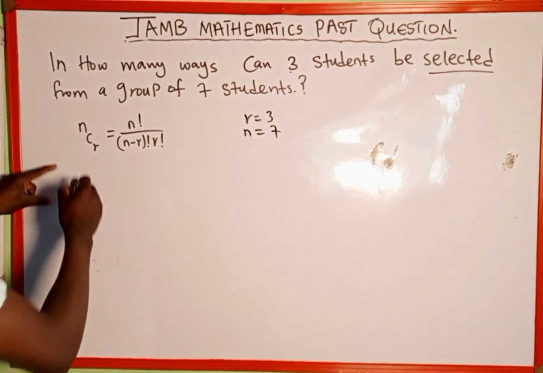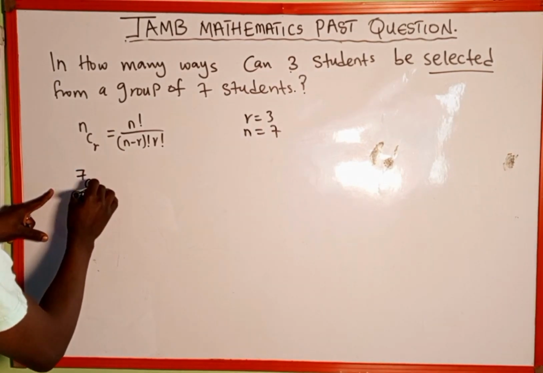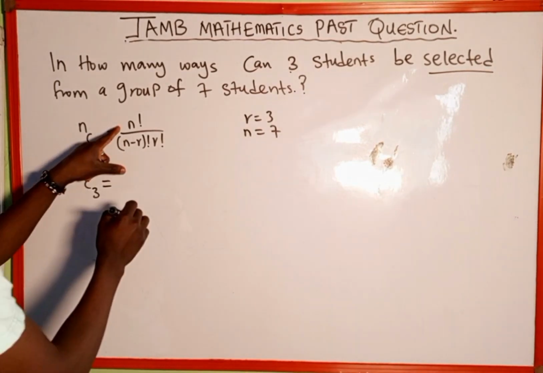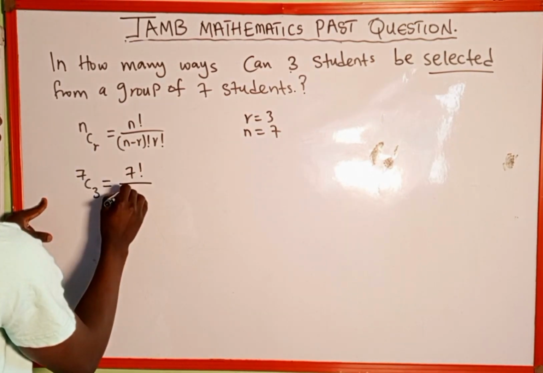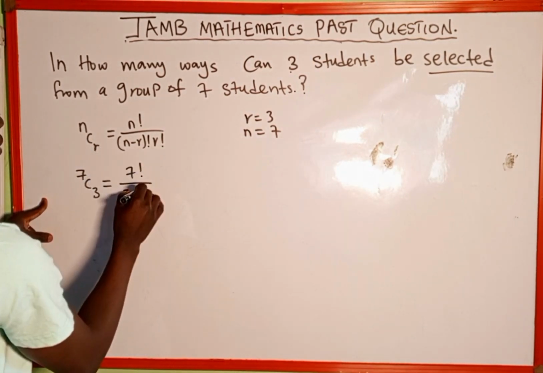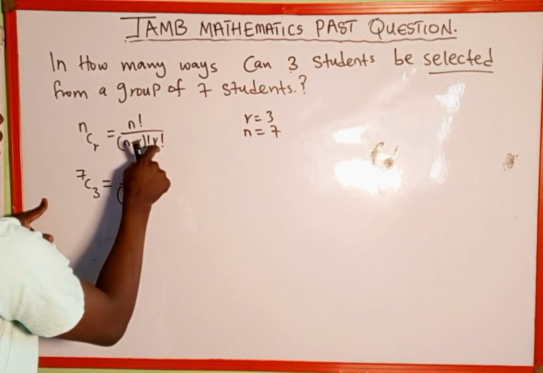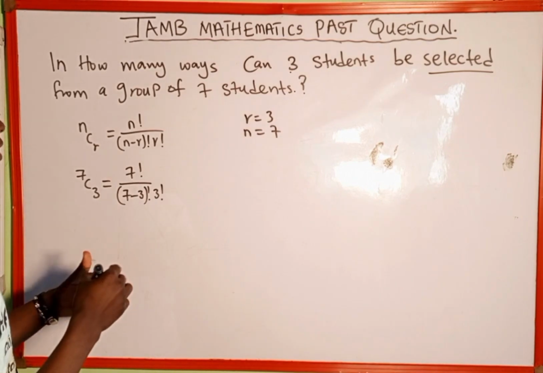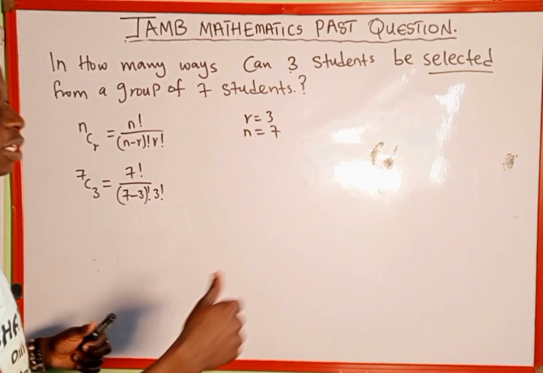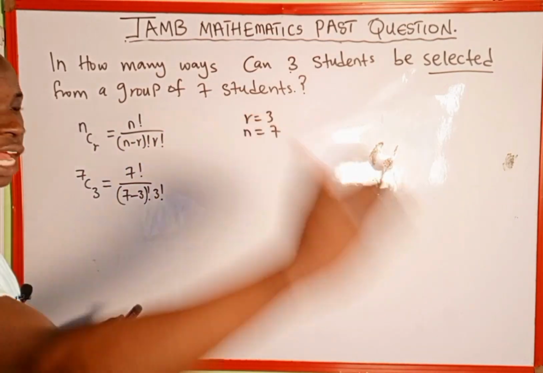So to substitute into this formula, it is going to be what? 7 combination 3, which is equal to, what is n? 7. It's going to be 7 factorial all over n minus r. r is 3, then factorial, then 3 factorial. And 7 factorial implies 7 is going to multiply by each preceding integer from 7 down to 1.